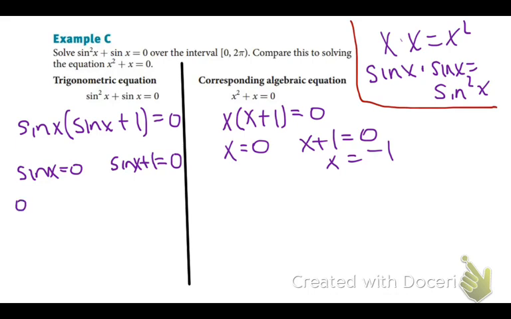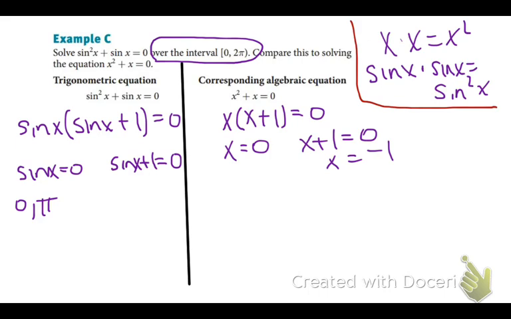At 0. Anywhere else? Is there anywhere else on the unit circle? At pi. So at 0 and pi. And this one also, we are going to find over the interval of 0 to pi. So we are done with that one.